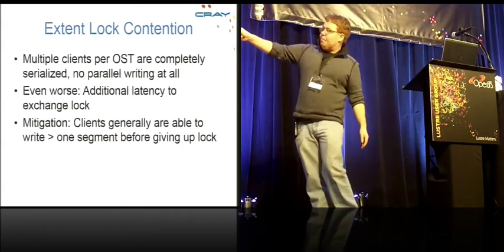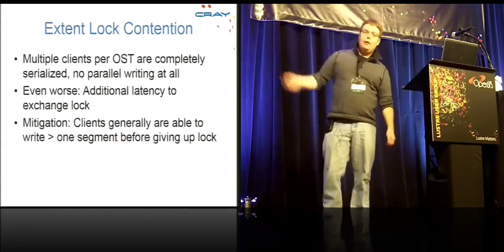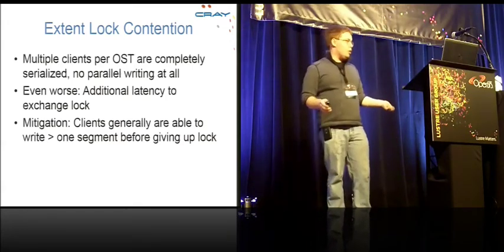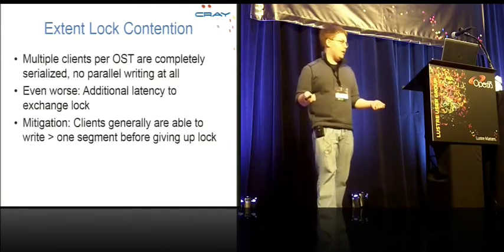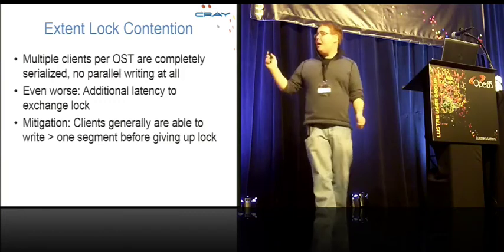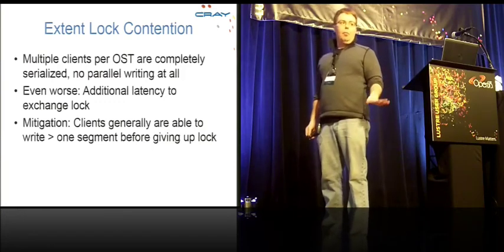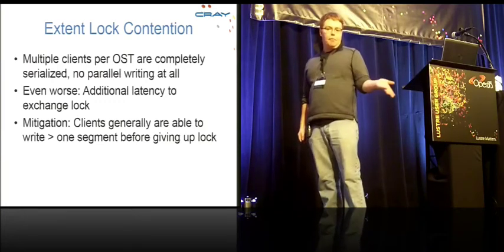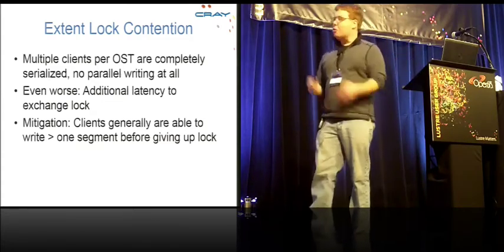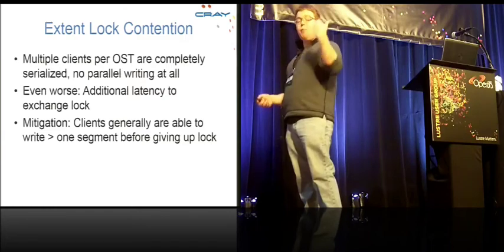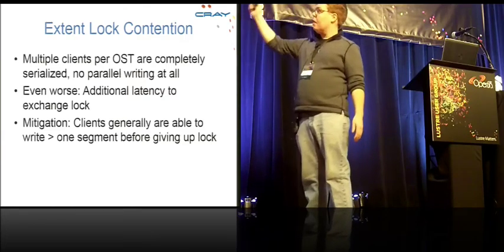Now, it's a little better than it looks like from up there, because in practice, client 1 will usually, we measured it, write 2 to 4 blocks at a 1 meg block size before it hands the lock back. It's still pretty bad though, because you're only getting about 4 blocks down, and then you have to hand the lock back, and both clients should be able to write in parallel.